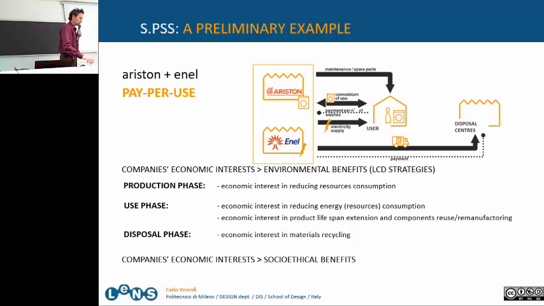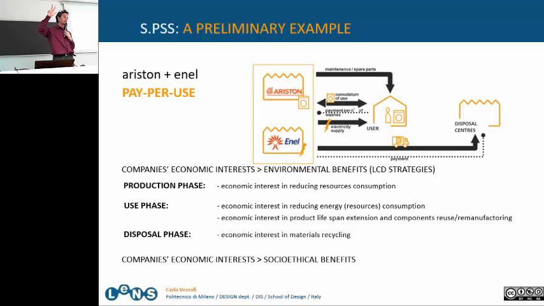Here, I want to anticipate something, but again, I would like to see if you can guess. We said that sustainability has three pillars: the environmental, the socio-ethical, and the economic.